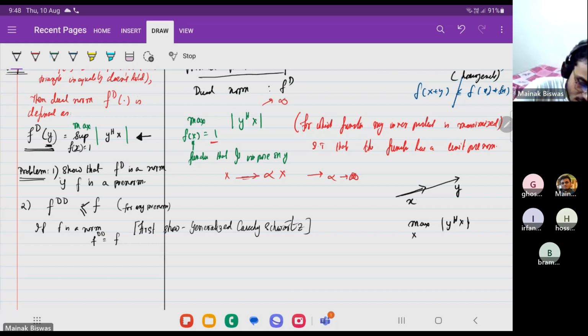Will I not make this very large? I can maximize x as much as I want. So I will make it alpha x, so it will be norm of x square into alpha, and I'll put alpha to infinity. So this will automatically become infinity without giving me any proper norm. Do you agree? For everything you will get infinity.